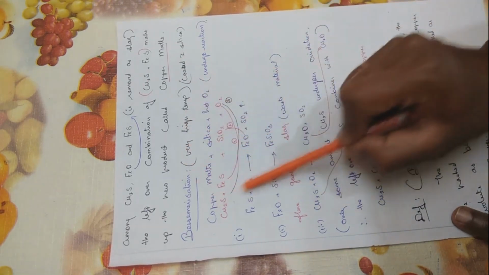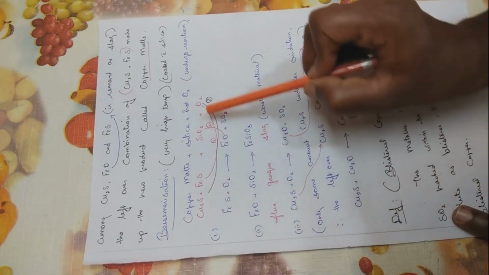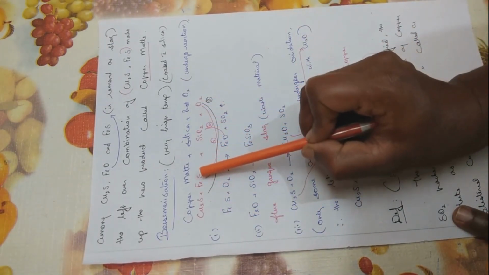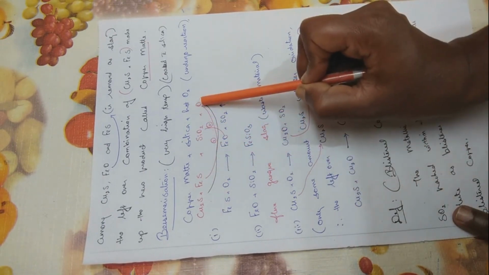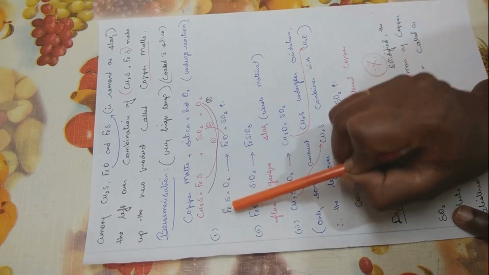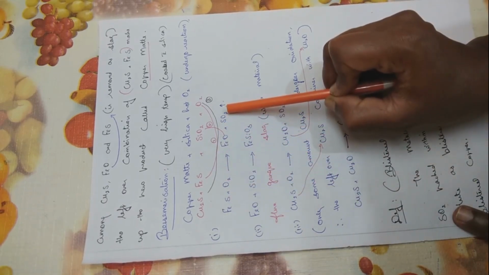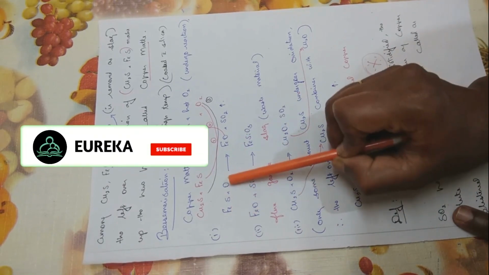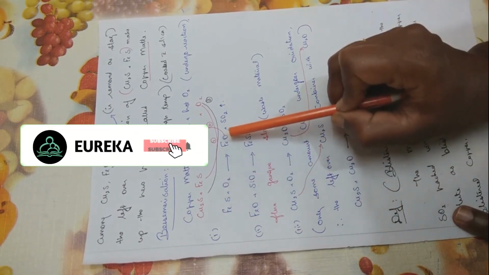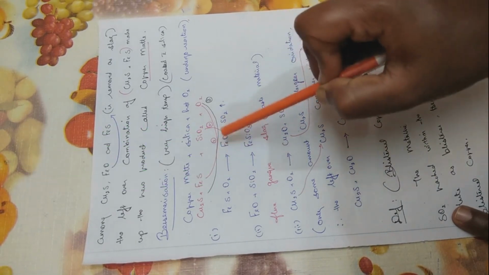Now there are three types of reaction taking place. The first one, you can just follow my arrow. Ferrous sulfide reacts with the oxygen to give me ferrous oxide plus sulfur dioxide. Sulfur from here and oxygen from here form sulfur dioxide, and oxygen from here and iron from here give me ferrous oxide, or iron oxide, anything you can call it.